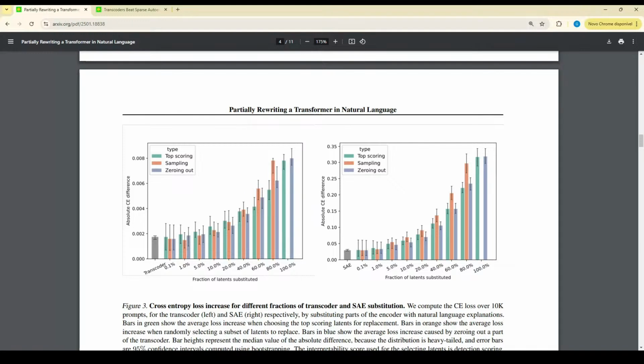And again, I think this is important because most ways that people try to do auto-interp and evaluate auto-interp results is by looking at how well the explanations match with activating examples.